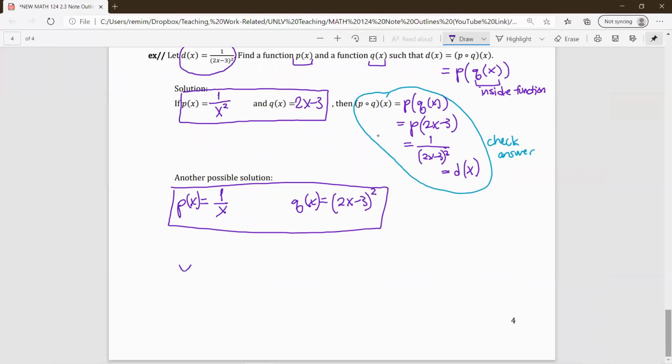And you try to come up with one more. And start with your inside function.